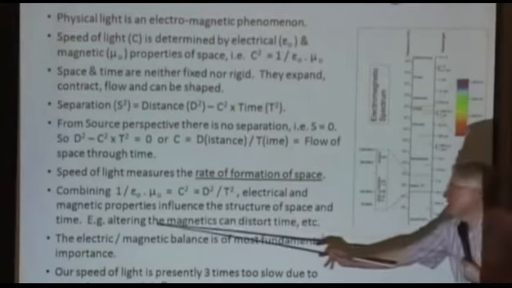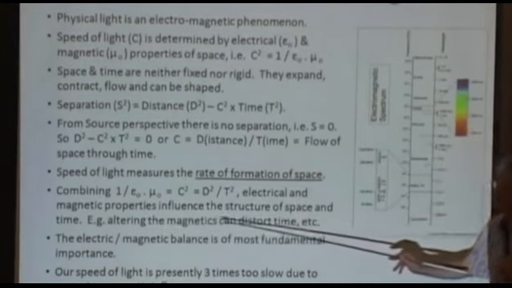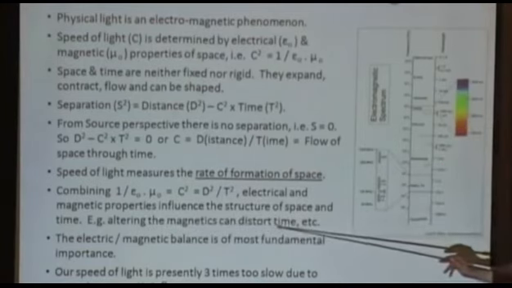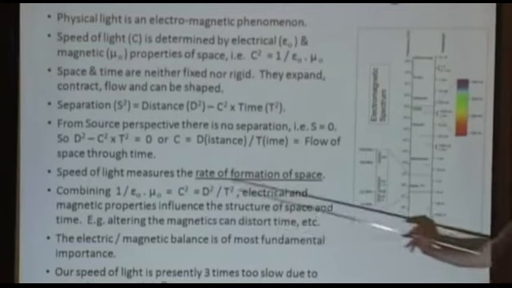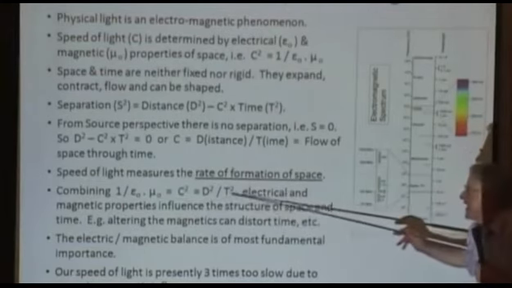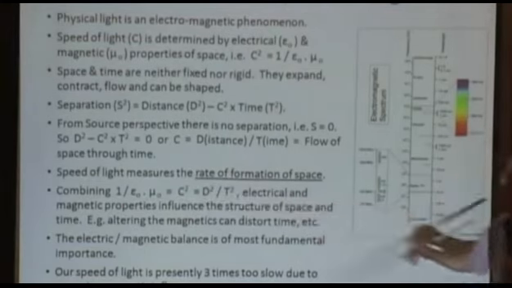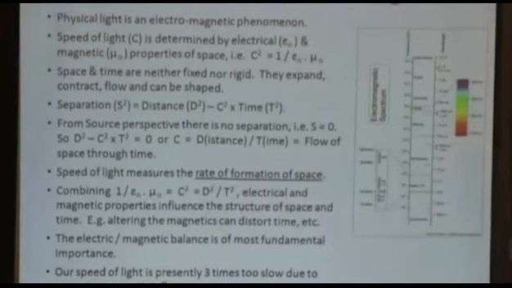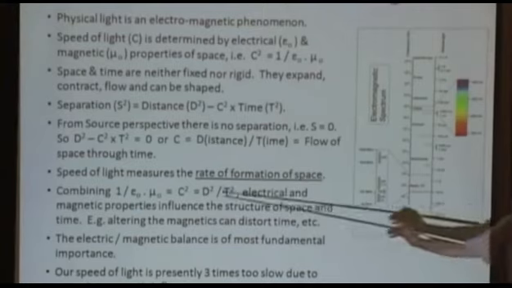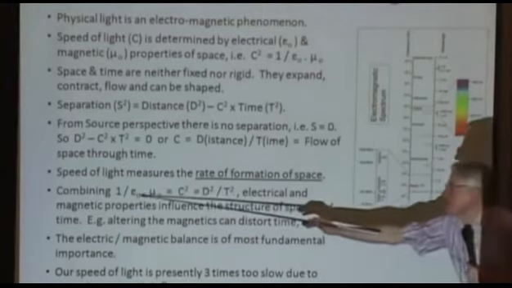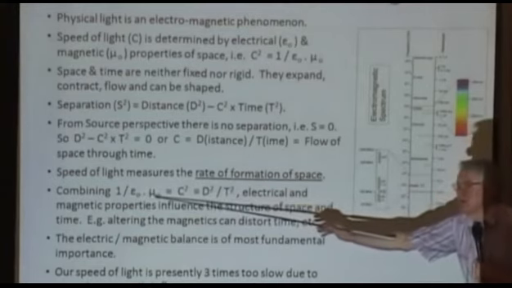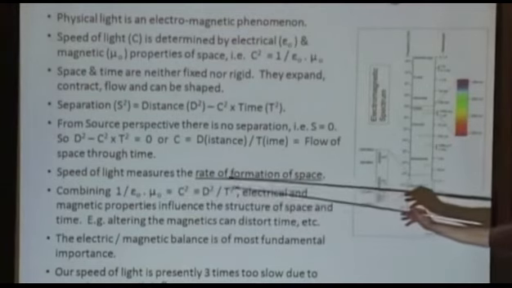For example, by changing the magnetics, we can distort time, we can distort space, and so on. So this is how it is possible to create these wormhole distortions, these time distortions, these time loops, these toral rips, and so on.